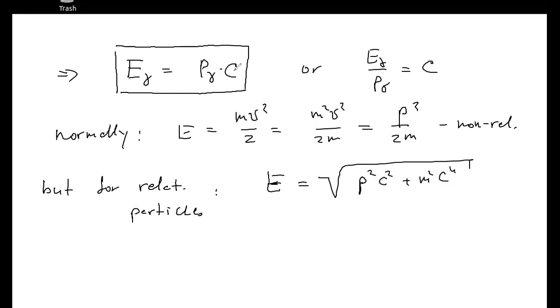Just compare, what should m be if you want to have this relationship? It's an unavoidable conclusion. Yeah. The mass of the photon, m gamma, must be equal to 0.